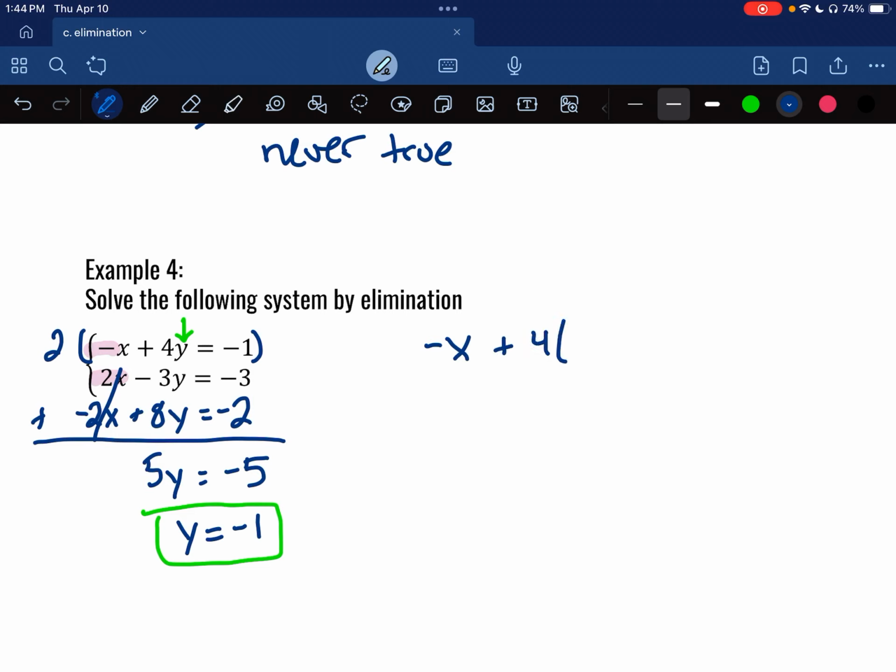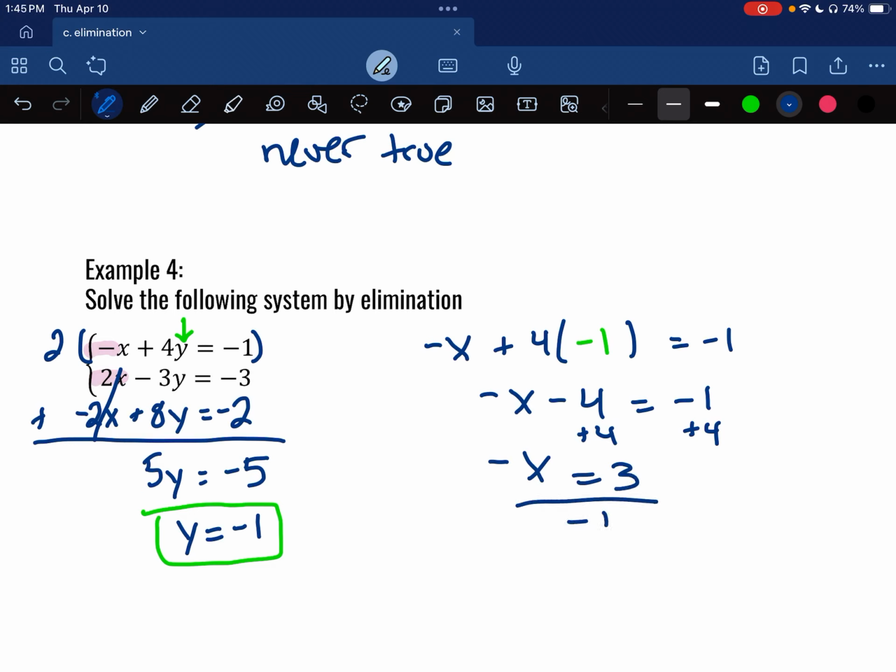All right, I'm plugging my y value in there. Just like negative x minus 4 equals negative 1. You can add 4 to both sides. We'll get negative x equals 3. If I divide both sides by negative 1, I'm going to get an x value of negative 3.